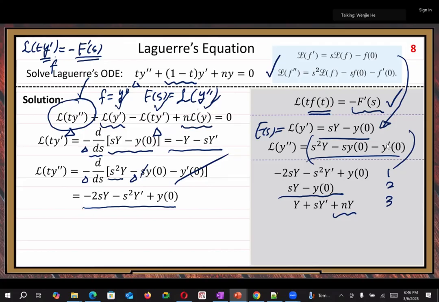Then the remaining two terms correspond to the first term. Then you need to apply the product rule. The first one, you keep that, then negative. So 2s capital Y plus s squared y prime. That's that.